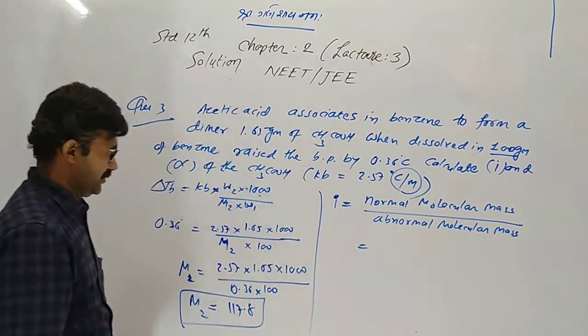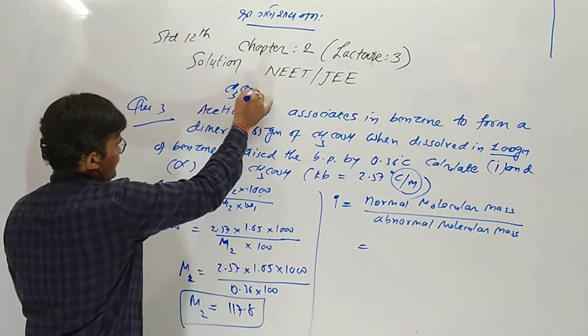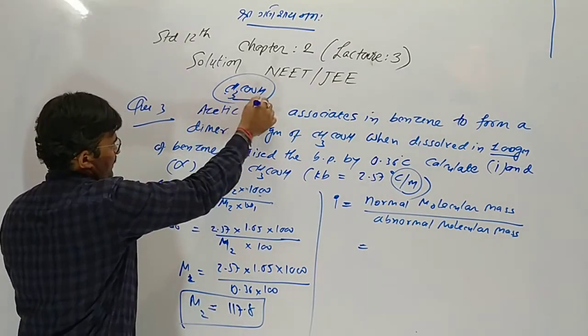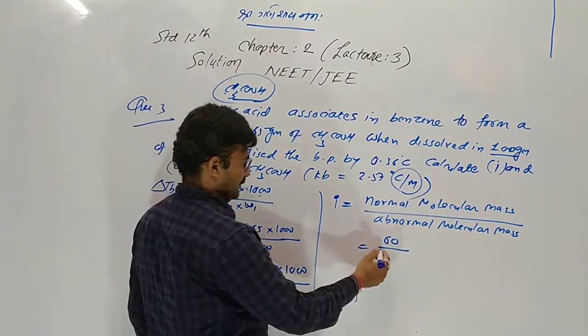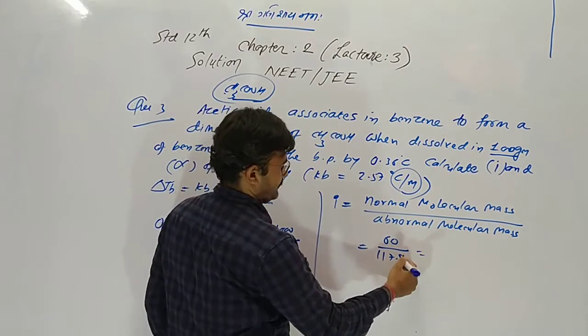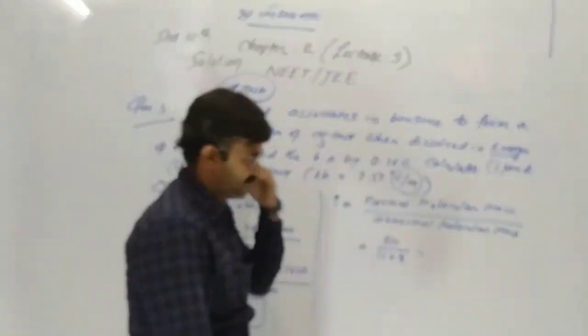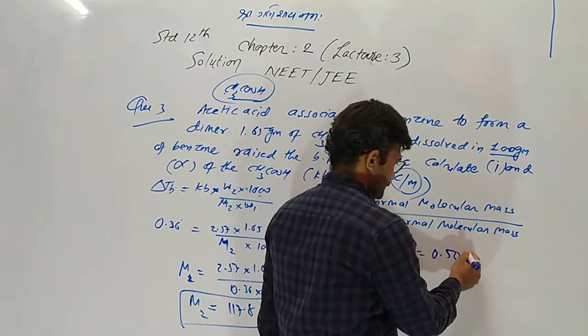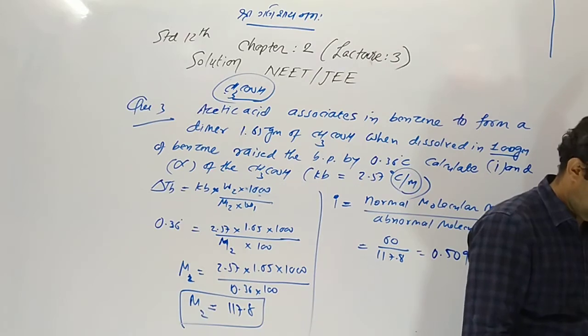So here the normal molecular mass of acetic acid is 60, and the derived is 117.8. So the value of i will be 0.509. Yes, it is 0.509.